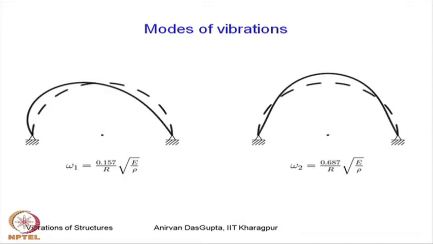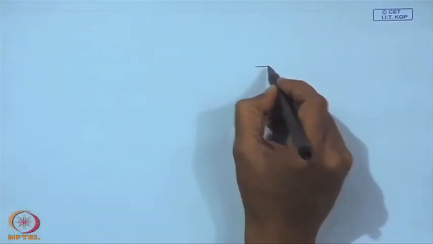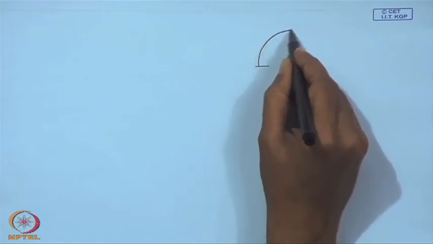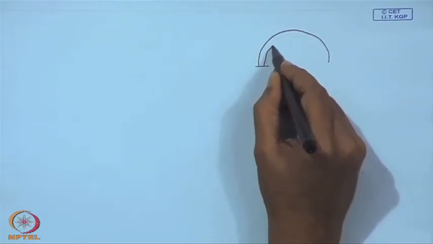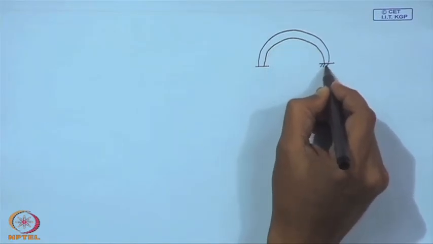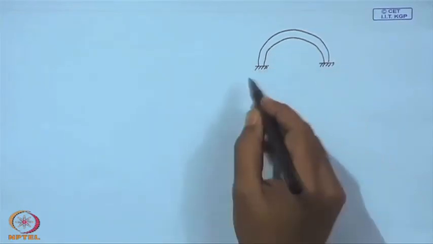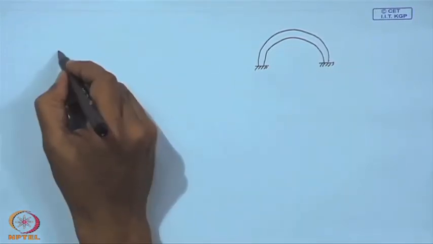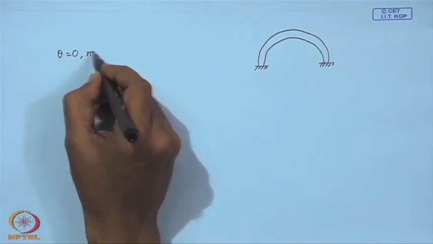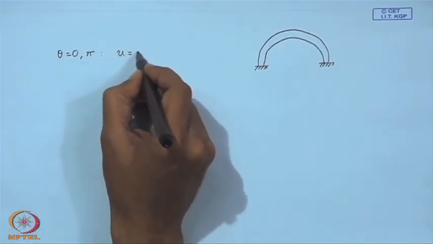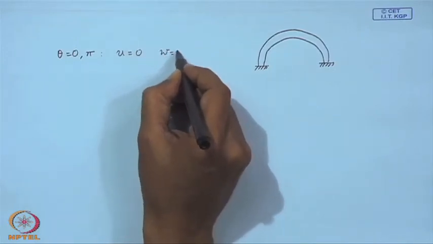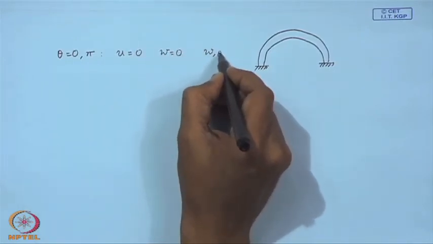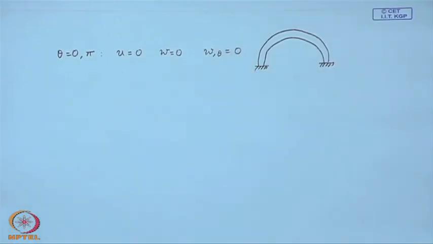Now, in a similar manner you can perform this for a clamped arch. So, this is a clamped arch. Here the boundary conditions at zero and pi happen to be like this.